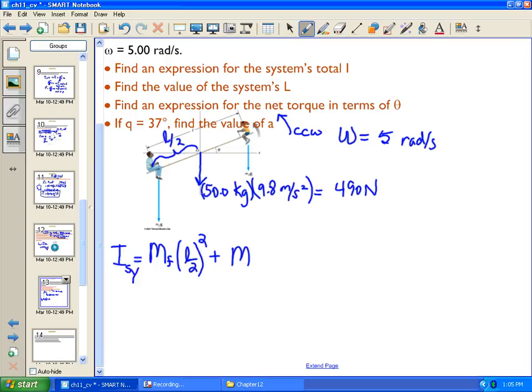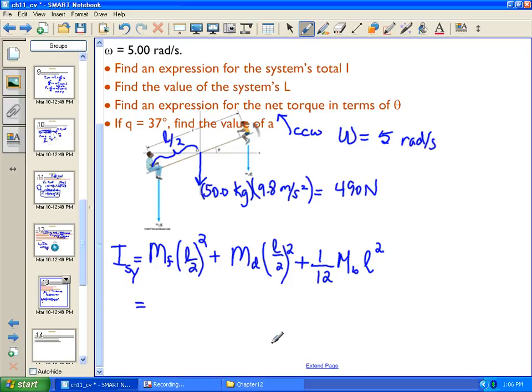In other words, the mass of the father times his distance squared to the axis of rotation, the mass of the daughter times her distance to the axis of rotation squared, plus what is the moment of inertia of a rod that rotates about its center of mass? And if you remember from chapter 10, 1/12 the mass of the board times its length squared.